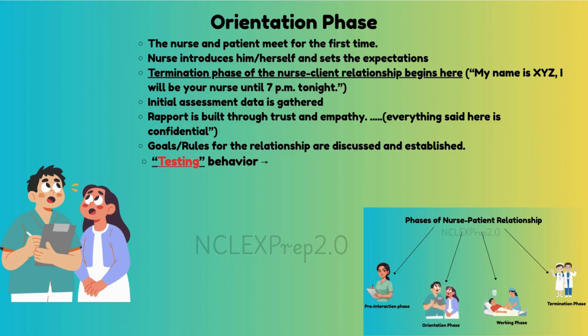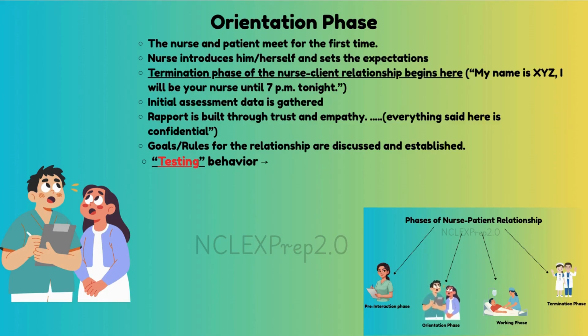So this already sets an expectation as well as preps your patient's mind that by 7 p.m. this nurse will be gone. So they know that they have up to this point to say this or not that, or how to behave. So the termination phase of the nurse-client relationship begins during the orientation phase.